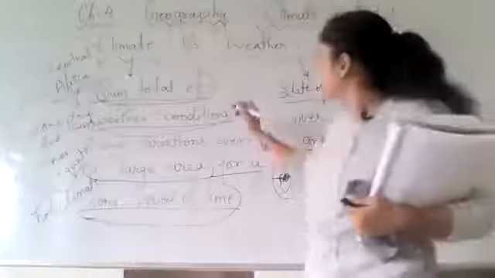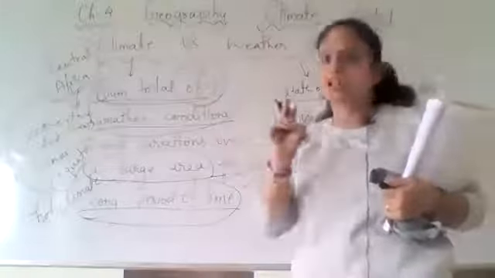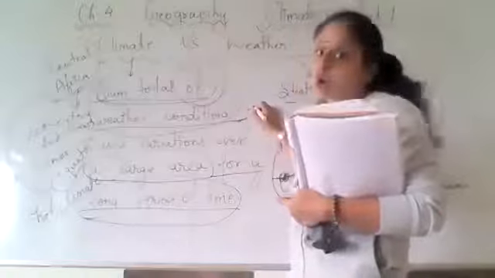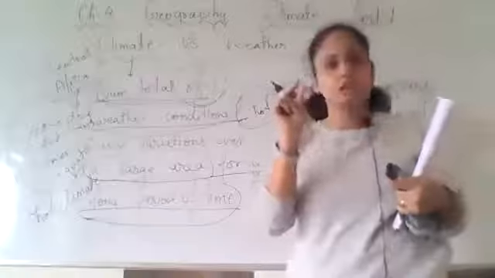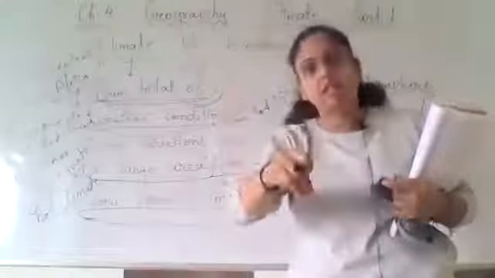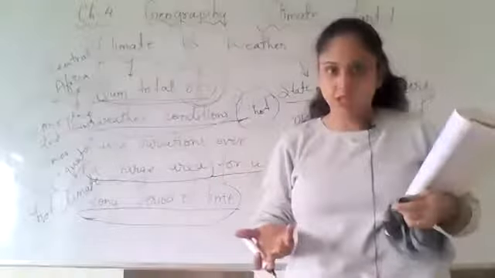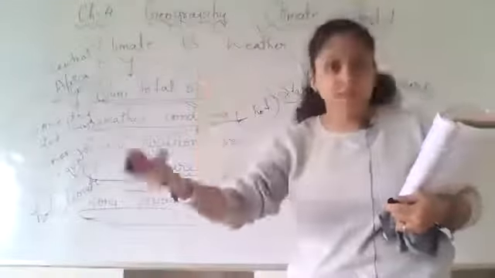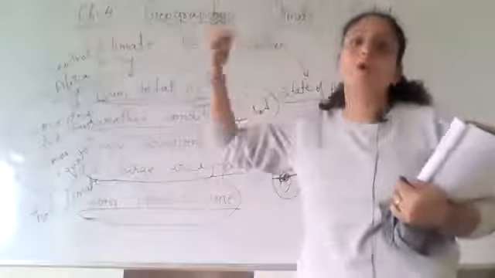But the sum total of the weather conditions will be a hot climate. So it is not only one weather condition. Weather means it is for a short time: at that same time, what kind of atmospheric condition is there? But when we do the sum total of that, it becomes climate. So it is a very long period of time.